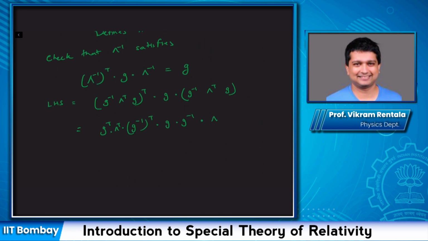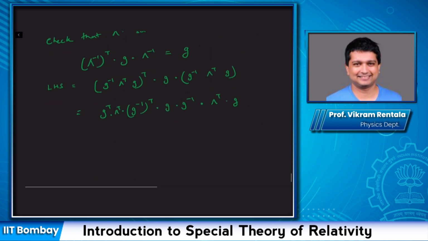Dot lambda. Oops, it's not lambda transpose. This is just lambda because lambda transpose transpose is lambda. In fact, the last matrix, lambda inverse, we will just leave that as lambda inverse. We won't write it in terms of lambda transpose. So let me just erase this, and we'll just leave this in here as lambda inverse.